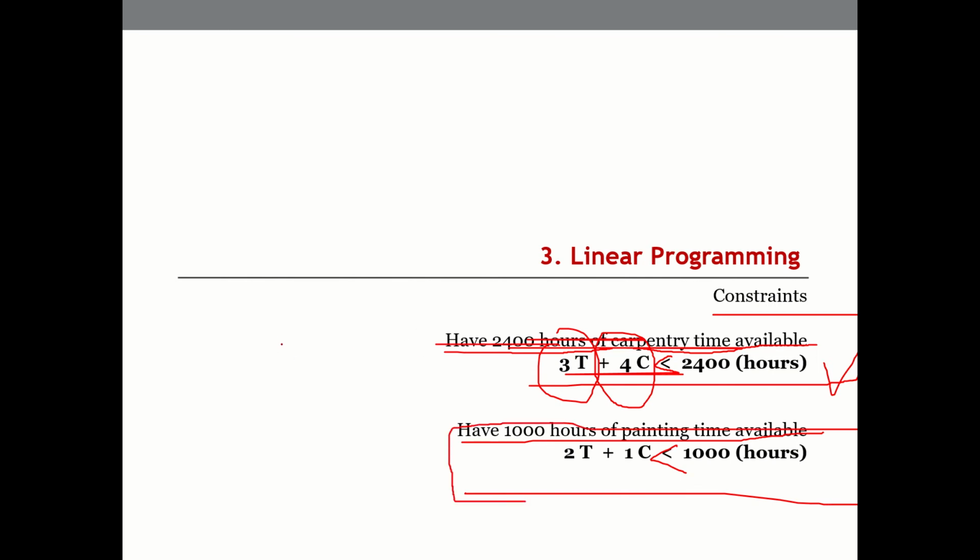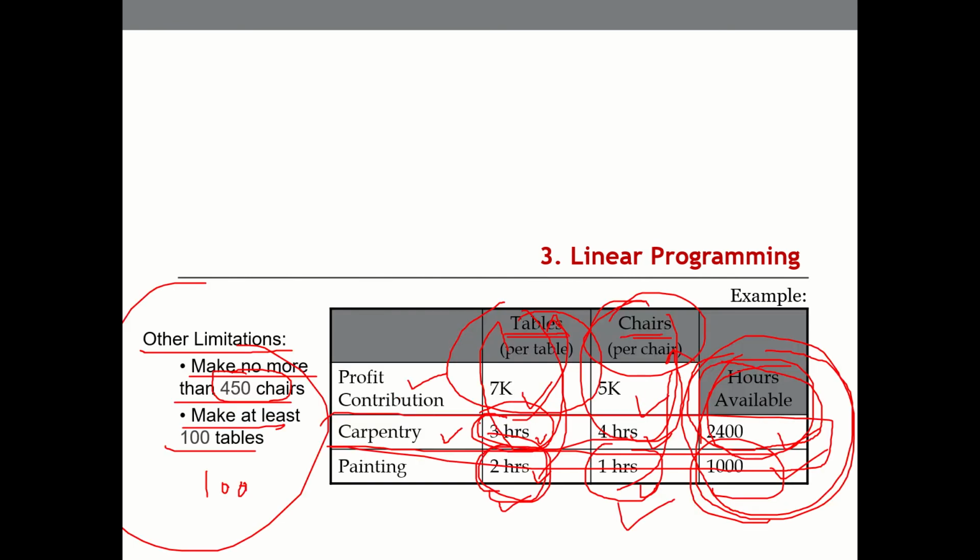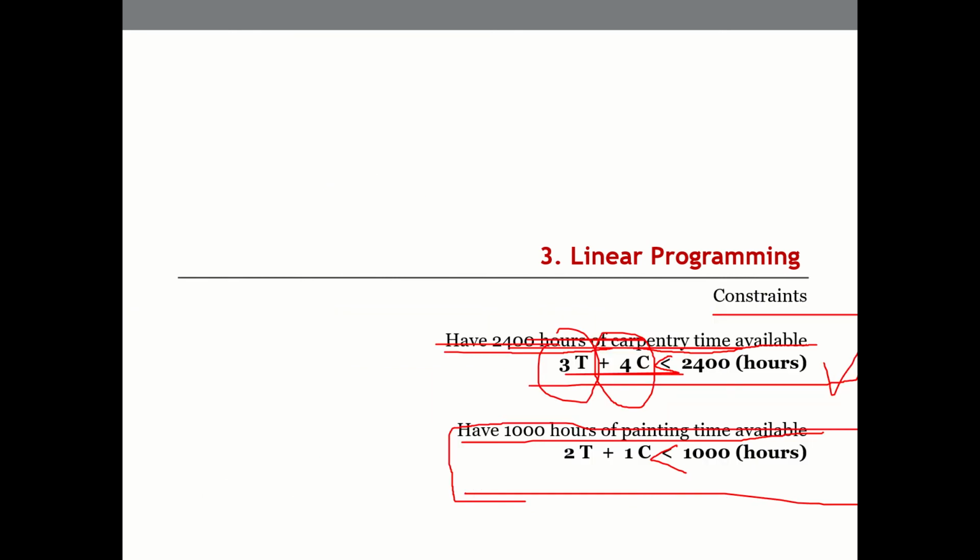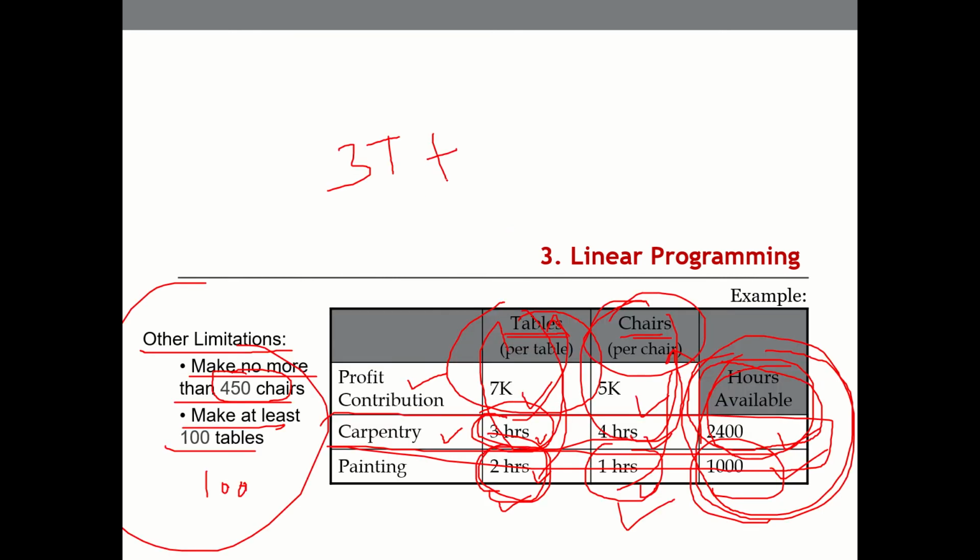So in carpentry work, this constraint says 3 hours of table making plus 4 hours of chair making should be done within 2,400 hours. This is one equation that we have got.